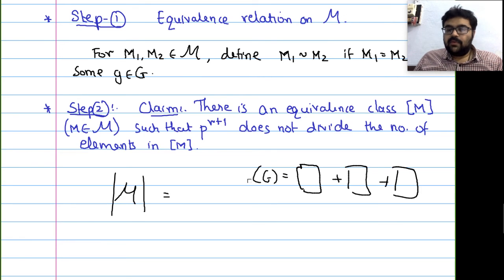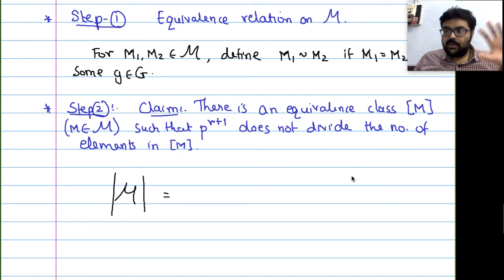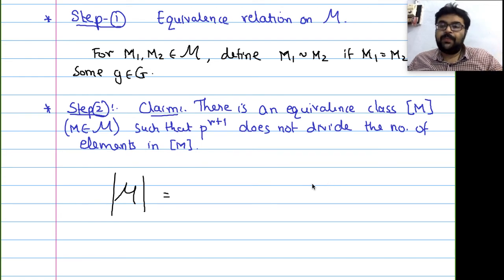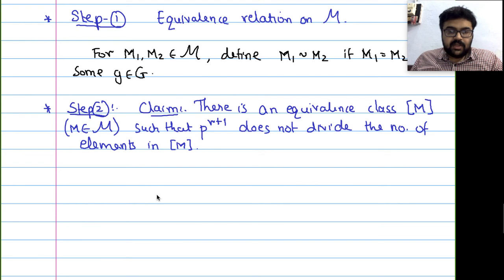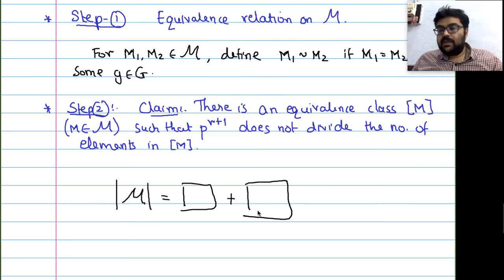So the total number of students in the department equals students in semester 1 class 1 plus semester 1 class 2, semester 3 class 1, and semester 3 class 2. So if it is an equivalence relation, what is the cardinality of script M? It is the number of elements in the first class, plus the number of elements in the second equivalence class, plus the number in the third equivalence class, and so on.